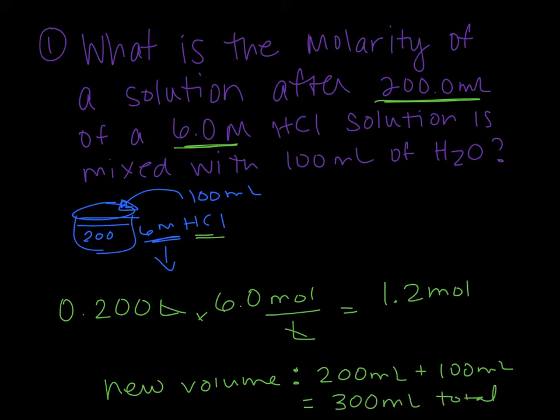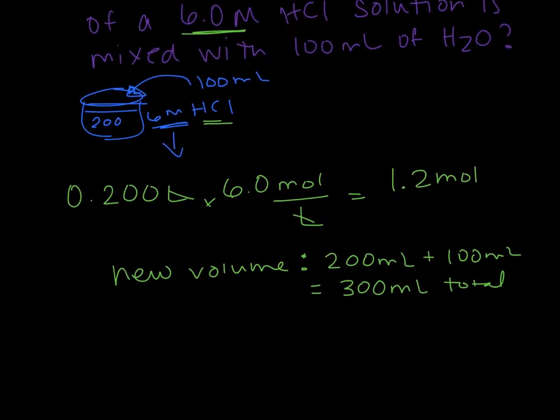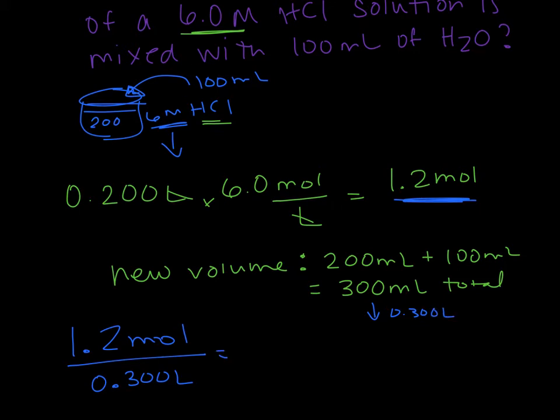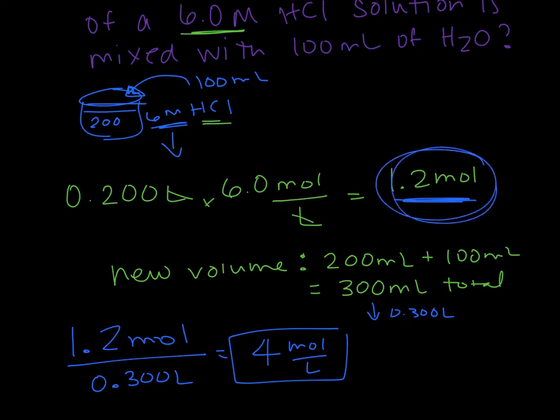So if I take my 1.2 moles that I got up here and I divide by my new volume of 0.3 liters, right, because this is 0.3 liters, then that would give me 4 moles in every liter. And so that's my new concentration. Okay? So I found the moles of hydrochloric acid in the solution, and then I divided by my new volume, which gave me my new molarity.